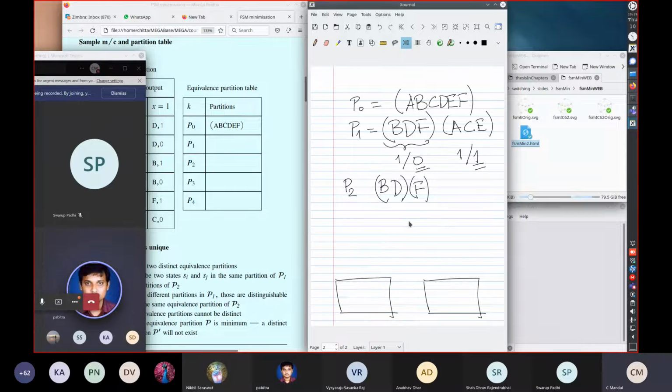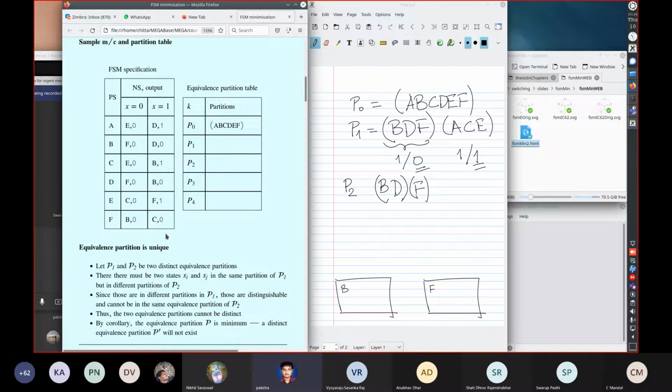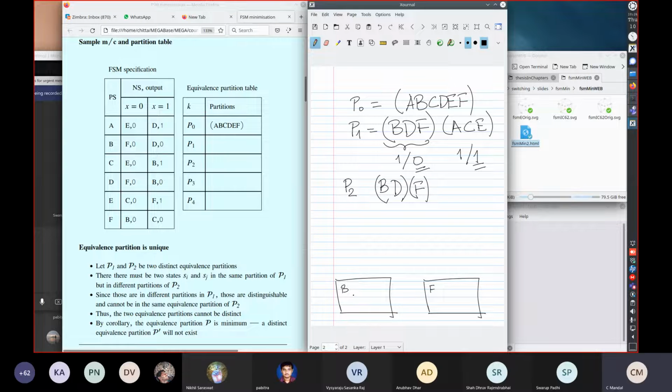Okay. So suppose the machine is initially in B, and let us say the machine is initially in F. Now suppose you give a 1, all right?